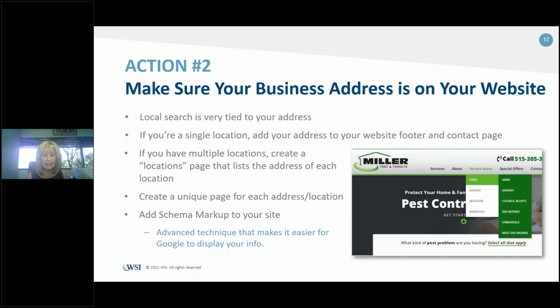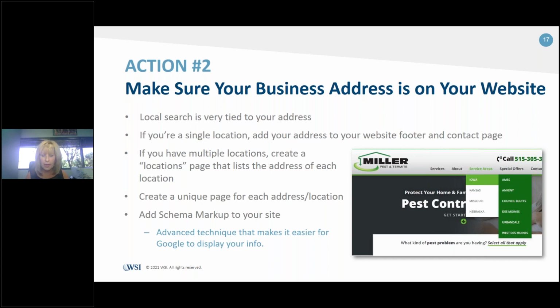Number two, biggie also, make sure that your business's address is on your website. So how is Google really going to know on a local search that you're a player in there if you don't show on your website that you have a local address? If you're just a single location business, the easiest way is to put it in the footer of your website.